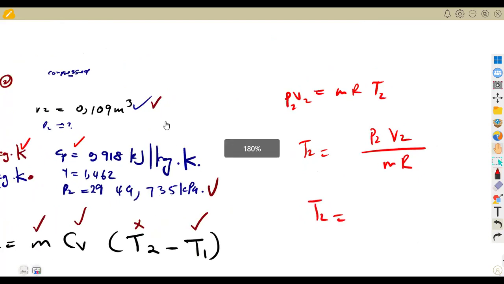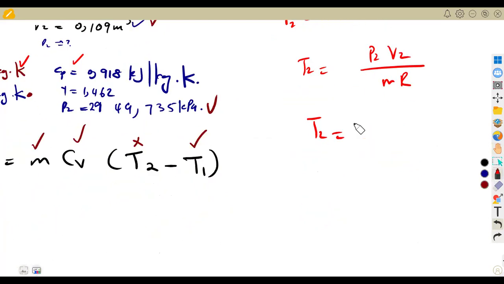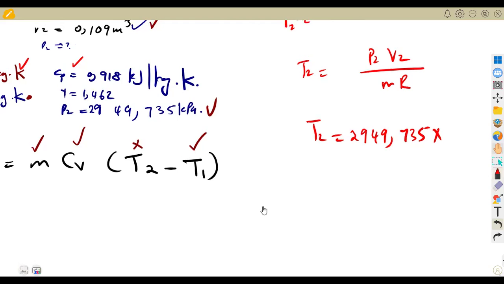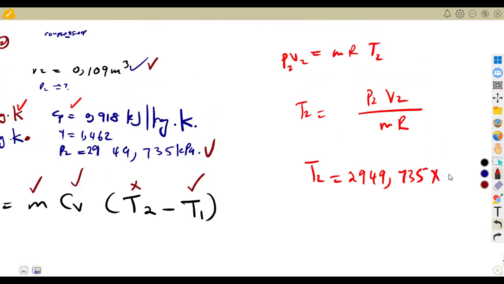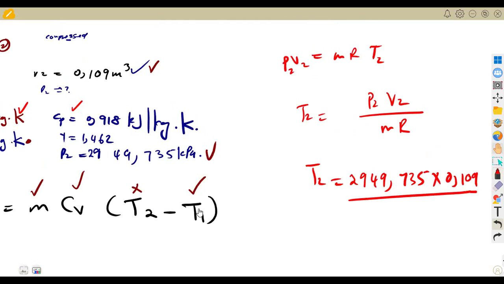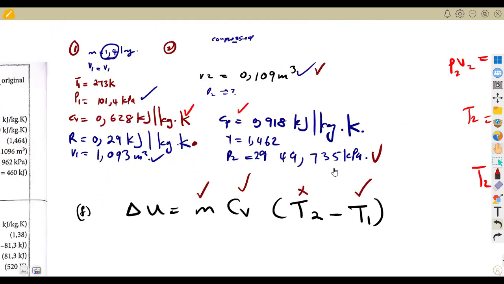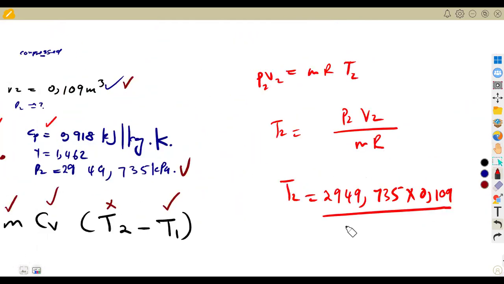So that's T2 is P2 V2. P2, what are we having? 2000. So this is P2, 2949.735 times V2. If we check V2, it was 0.109. Everything over the mass, which in this case is 1.4, times R, which we calculated.